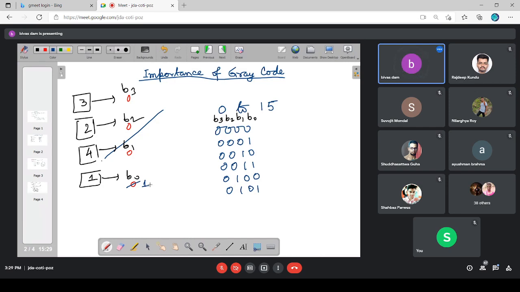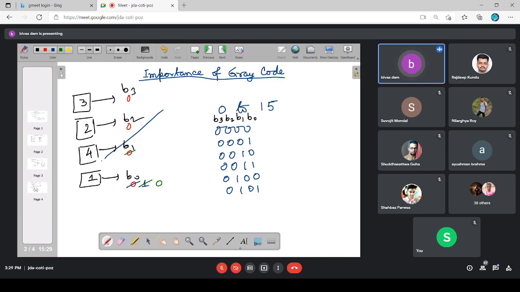After that, what will happen? After a certain time, what will happen once again? B1 becomes 1. Now B0 becomes 0 from 1. What about B3, B2?